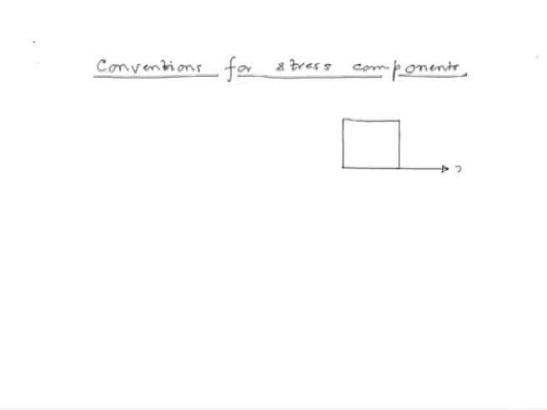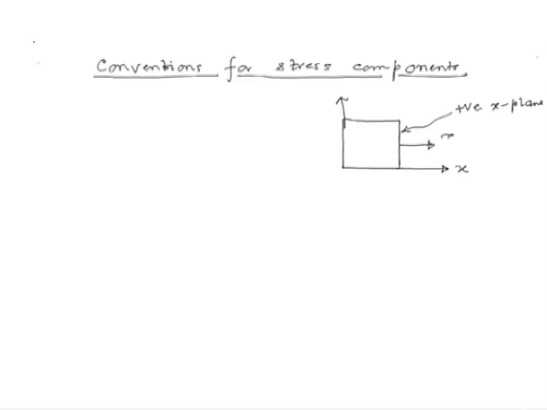This is the x direction, this is the y direction, and let us identify the stress components which will work on the small area element. The first one is on the right face, which we would call the positive x plane, because the normal to this area element points in the positive x direction.